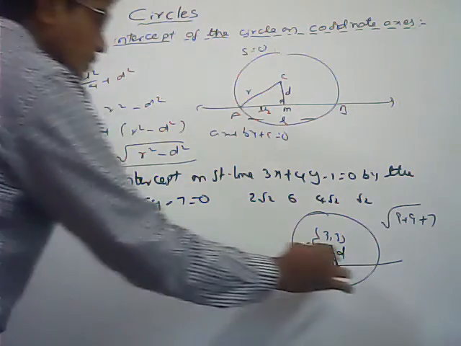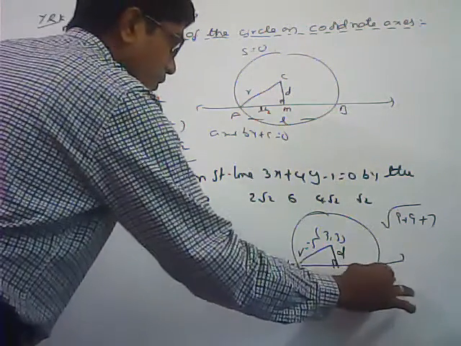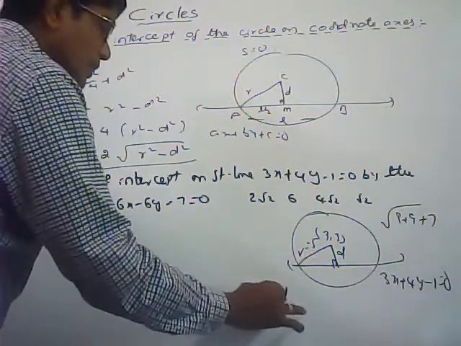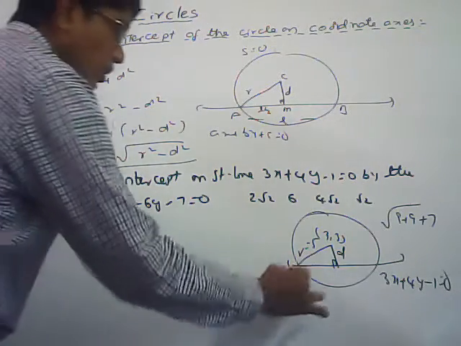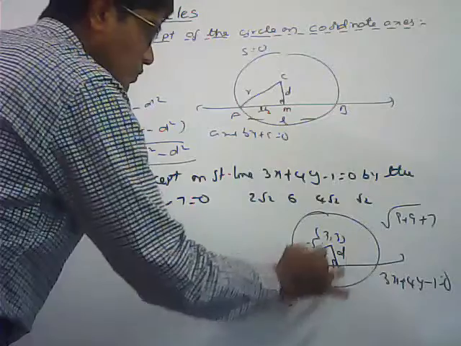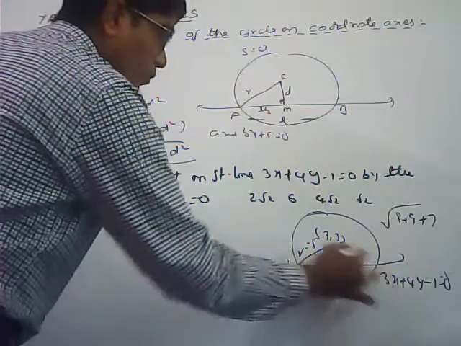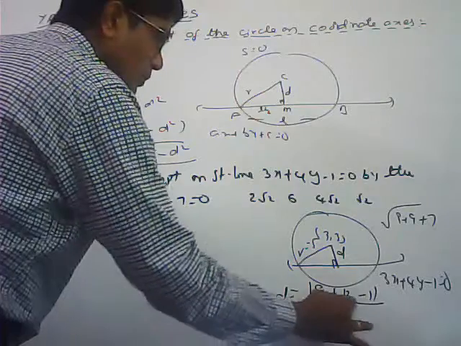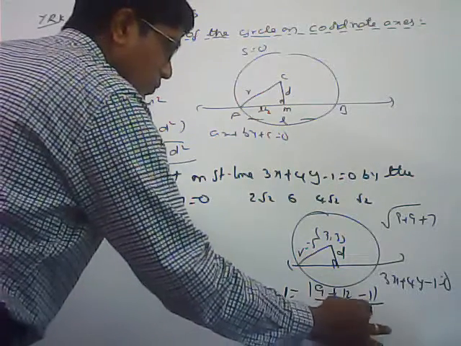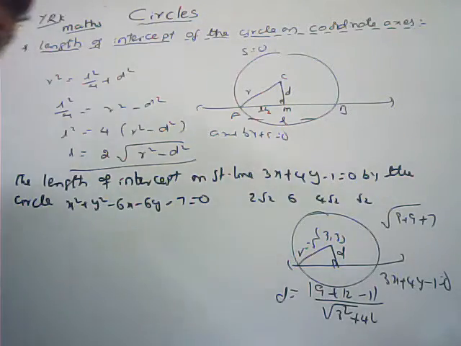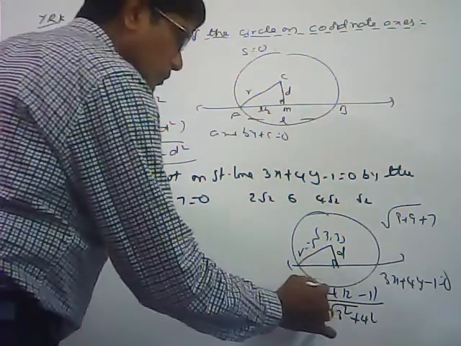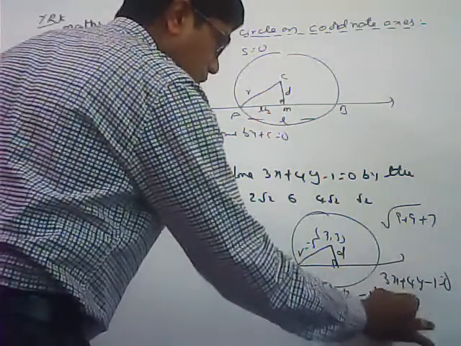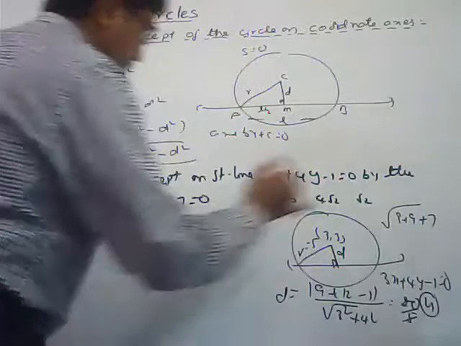D is equal to, this is a line 3x plus 4y minus 1 equals 0. D is equal to modulus of (ax1 plus by1 plus c) by root of a square plus b square, that is modulus of (9 plus 12 minus 1) by root of 3 square plus 4 square, that is equal to 20 by 5, that is equal to 4.